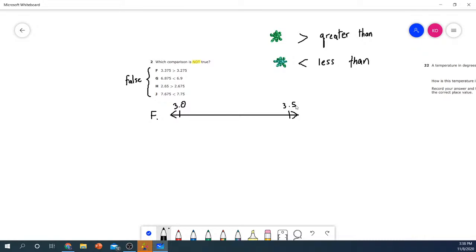And just for this lesson's sake, let me also put the intervals: 3.0, then 3.1, 3.2, 3.3, and 3.4.